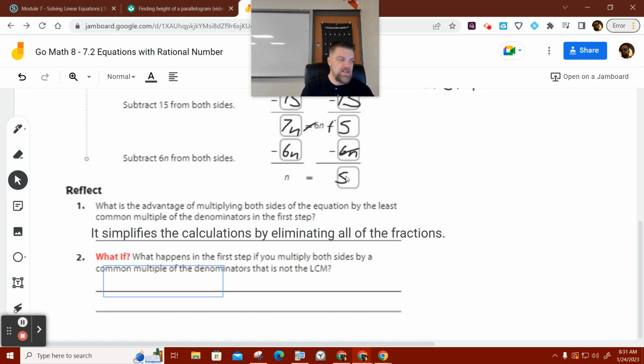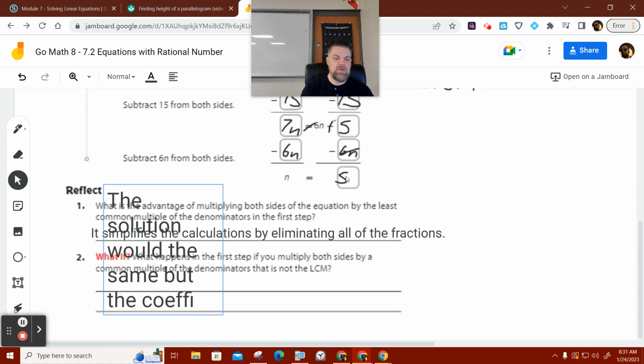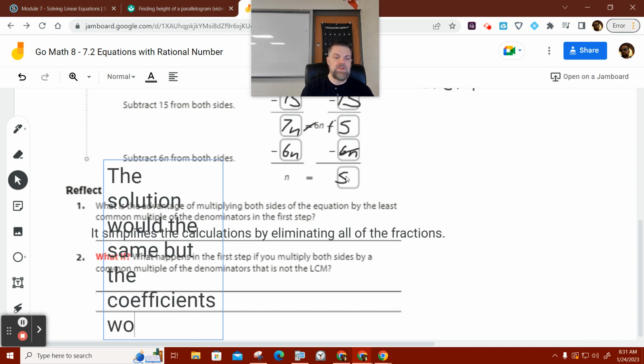So how do I word that? The solution would be the same, but the coefficients, those are the numbers in front of the variable, would be greater.